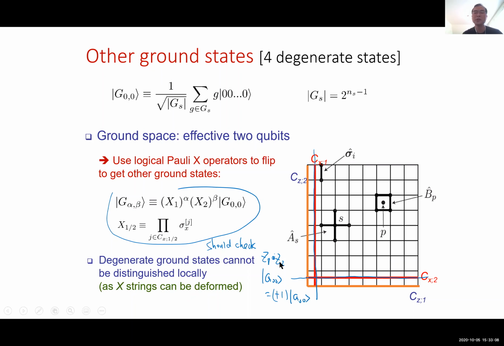Indeed, this is the case because Z are products of these Z here, right? They commute with all these stabilizers. So if we bring all the Z to the right-hand side, they act on 0 and just give you a plus sign. Okay? So that's how we get the other 3 ground states.